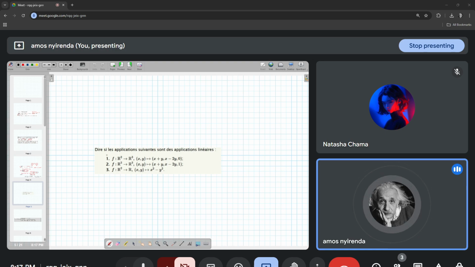So premier exercice. We have the first one here: a function f from R squared to R3, that associates to every couple (x, y) the vector (x plus y, x minus 2y, 0). Is this a linear application?